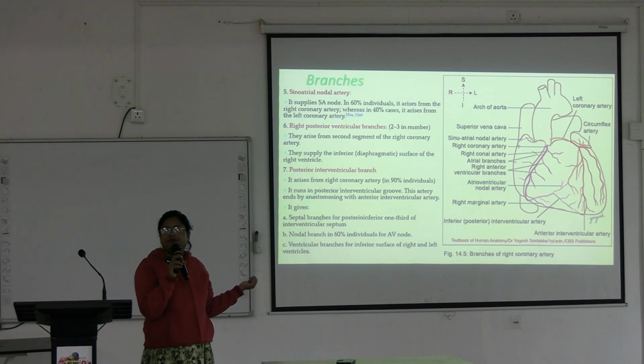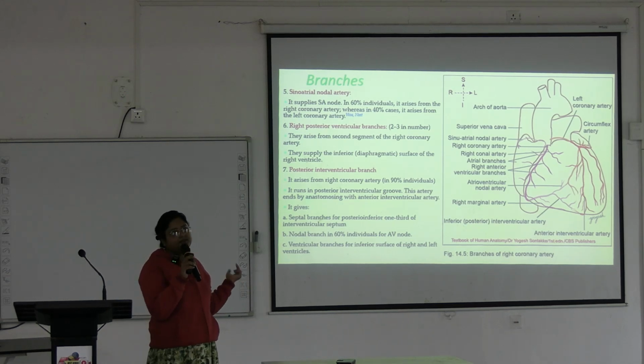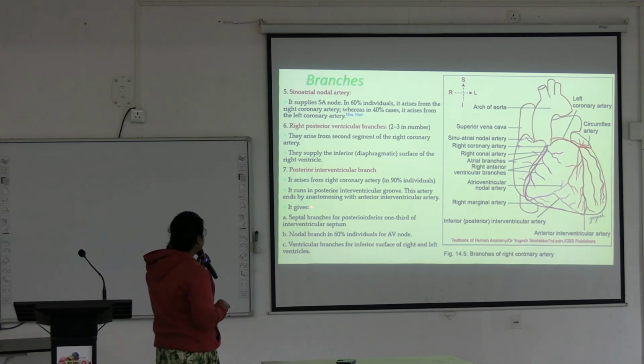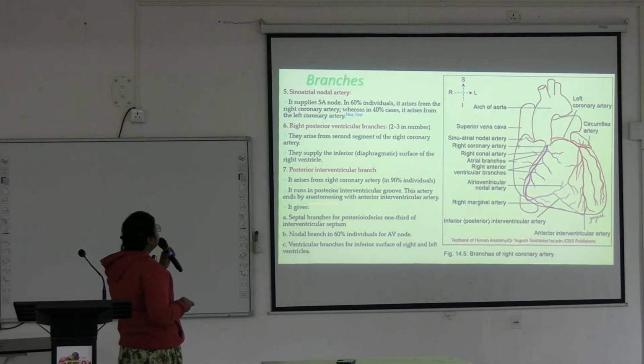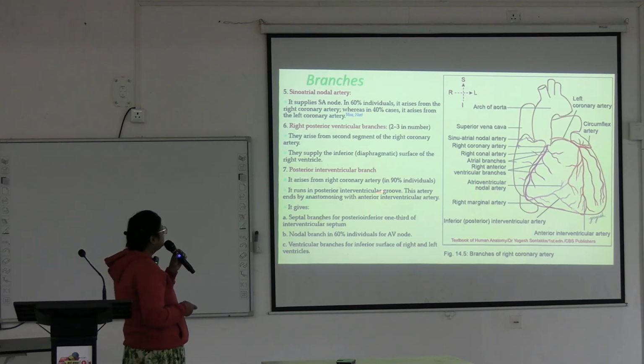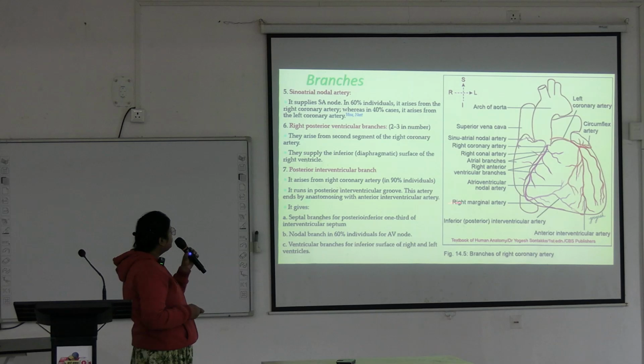Mainly there is right coronary dominance because in 90% of cases it arises from the right coronary artery. It runs in the posterior interventricular groove, and this artery ends by anastomosing with the anterior interventricular artery.